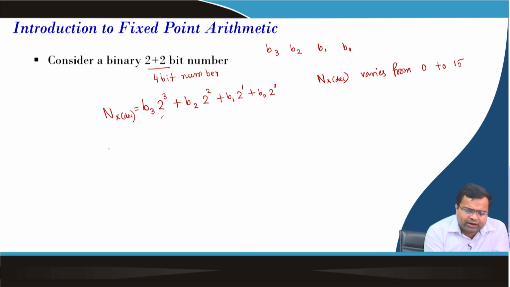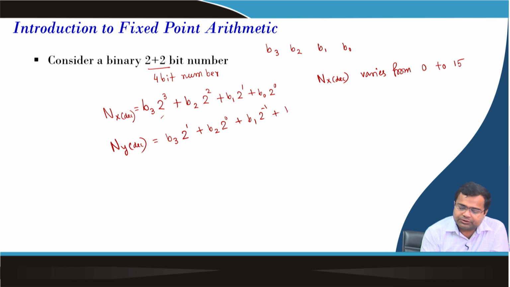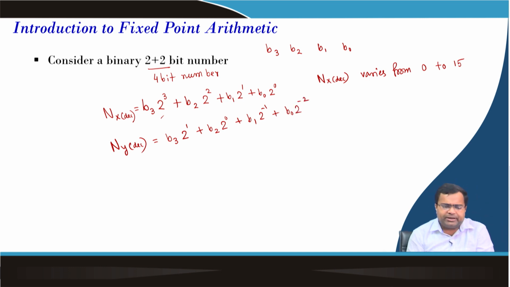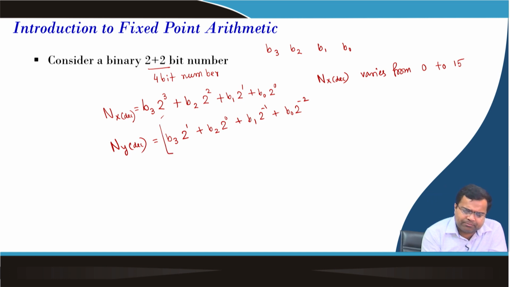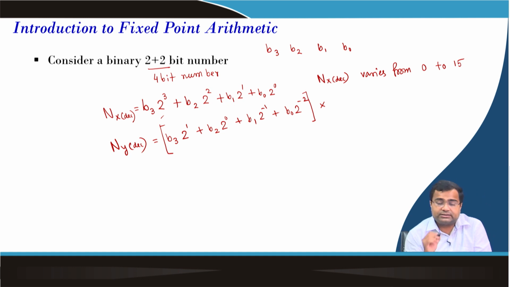But we can also write another representation. Let us say, suppose we write B3 into 2 to the power 1 plus B2 2 to the power 0 plus B1 2 to the power minus 1 plus B0 2 to the power minus 2. Now, how is it coming? You can think the same number I just represented with a scaling factor.